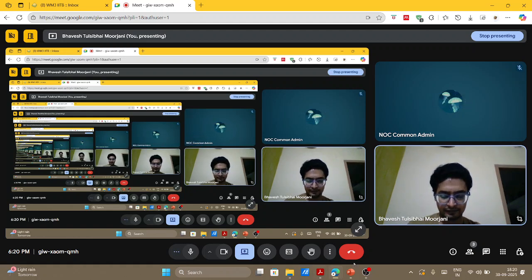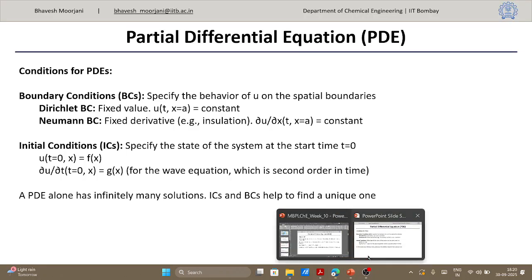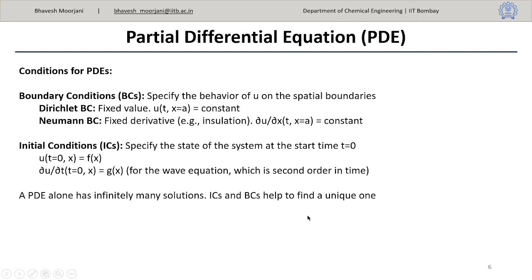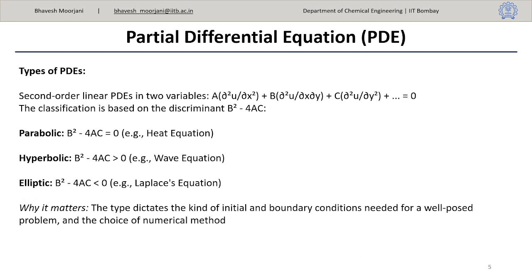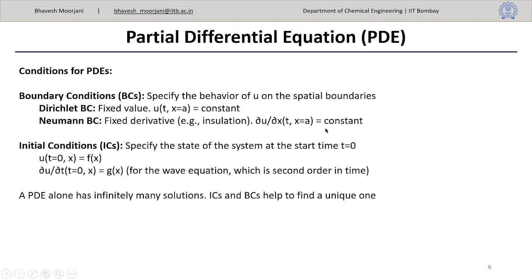But when we are talking about the partial differential equation, since we have multivariable functions, u is dependent on x and y. Here it could be time dependent, it could be space dependent also. So you might end up with both initial condition as well as boundary condition depending upon what kind of equation you have, right?